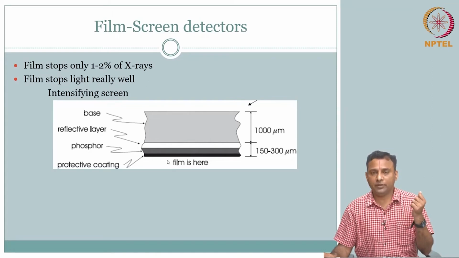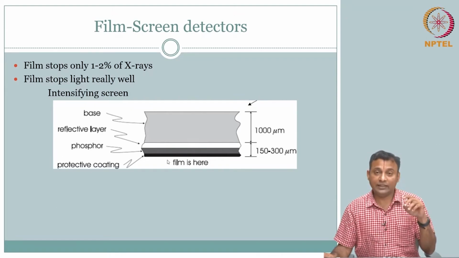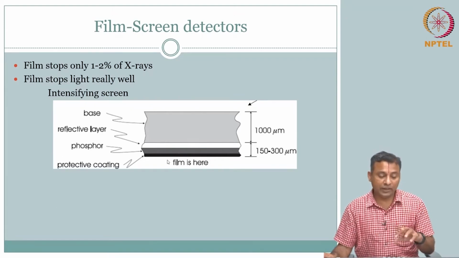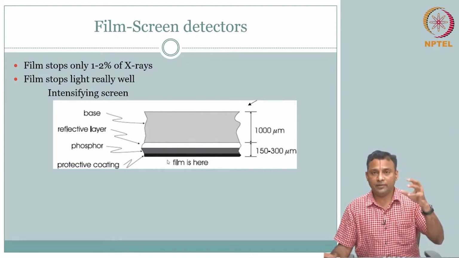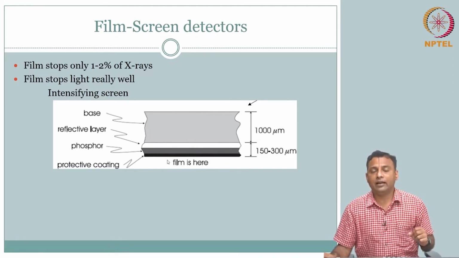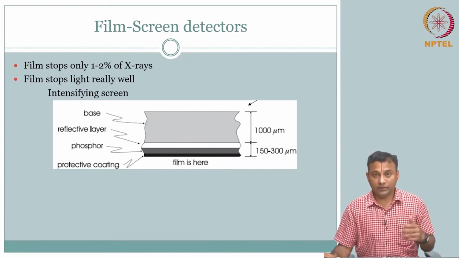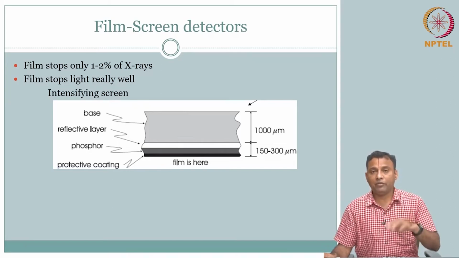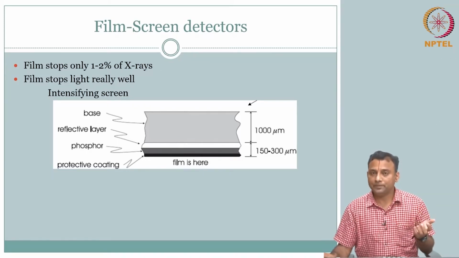The light conversion is comparable to the speed of light, 3 into 10 power 8. The light can be generated at a time constant that is comparable. Whereas you have phosphorescence, where it will take some time, after which it will give light.